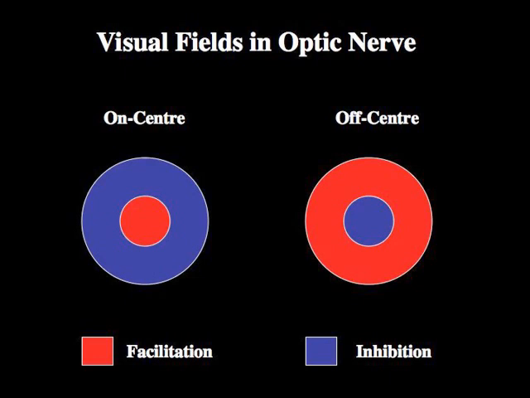And conversely, an off-center visual field is inhibited by light landing on the center of its visual field and facilitated by light landing on its periphery. Seems a bit complex the first time you look at it, but it makes good sense as to why that happens. We'll talk about that later in the lecture.